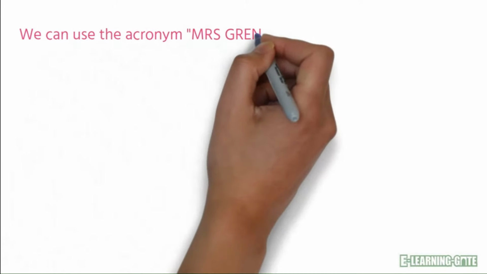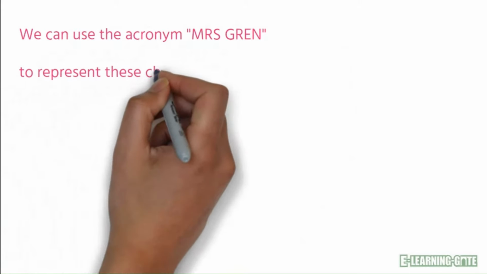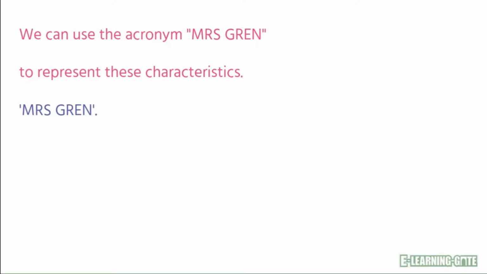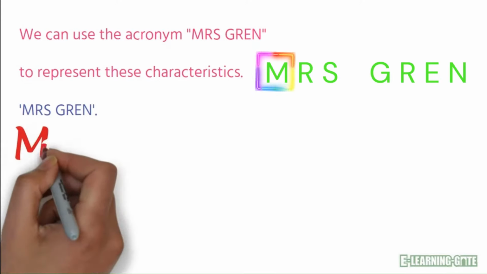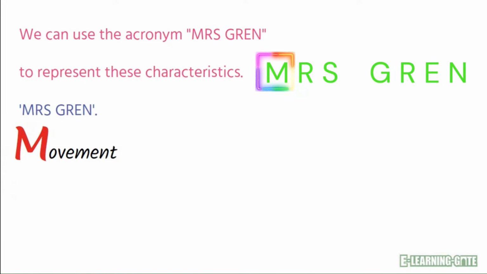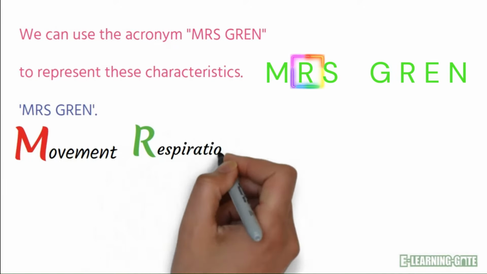We can use the acronym Mrs. Gren to represent these characteristics. M is for movement. R is for respiration.